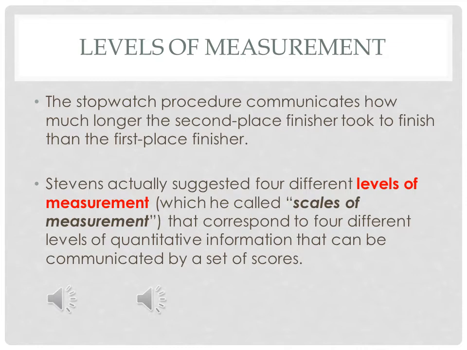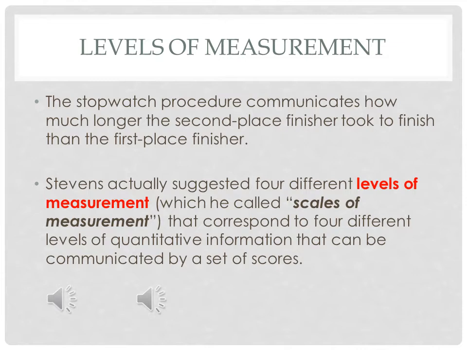And Stevens suggested that there are 4 different levels of measurement, which he calls scales of measurement, that correspond to 4 different levels of quantitative information that can be communicated by a set of scores. So he suggested that there are mainly 4 different levels of measurement, and he called them scales.